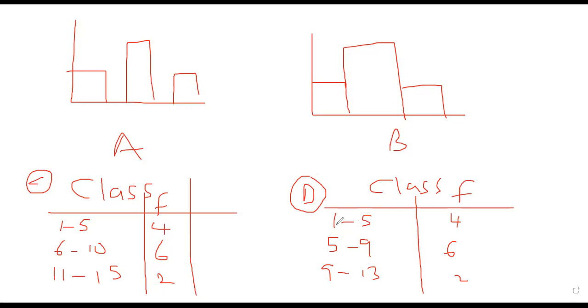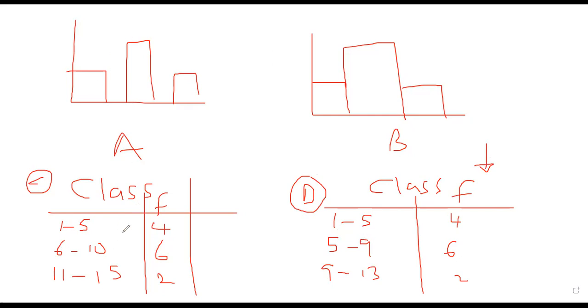So D is continuous, moving from 1 to 5, from 5 to 9, from 9 to 13. Whereas C has spaces. So we have 1 to 5, there's a space of 1. 6 to 10, there's a space of 1. 11 to 15. So ideally, when you're given this format, it's easy to transform it into a histogram.